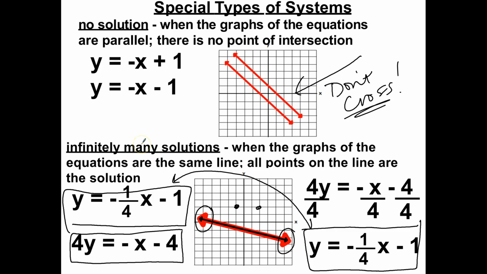So infinitely many solutions, but it's not all real numbers because you have to be on the line in order to be a solution. Hopefully that makes sense. If not, you can send me a message and say, hey, Mr. O'Neill, I still don't get it. So infinite implies that it goes on and on forever. Many solutions because every place on the line is a solution. So there are infinitely many solutions.